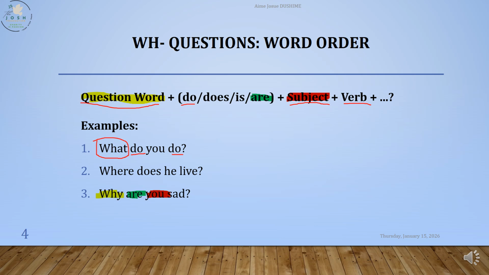And then we go to the next, which is sad. This sad here is an adjective. Why are you sad? That's the thing I told you. Don't be fooled when we reach these things. When we reach he, she, and when we reach is, are, and am, we use a noun or adjective. When is the meeting? When is a question word, is is the auxiliary, meeting is a noun.